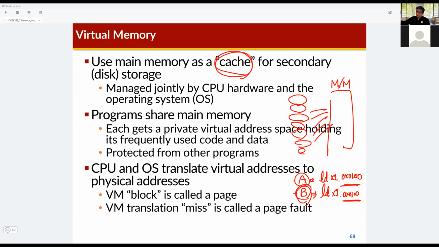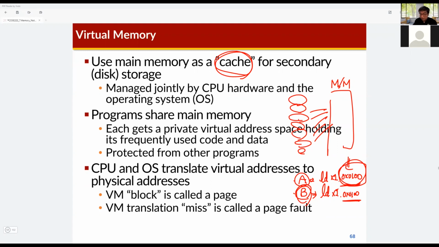But we cannot know where the data is stored. Actually, this address is determined by programmers, well, compilers.